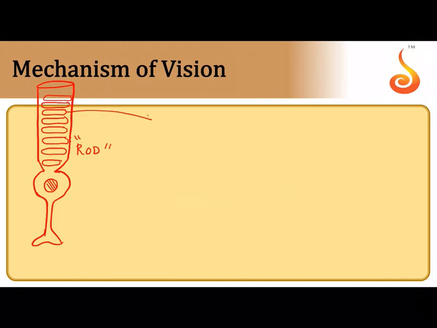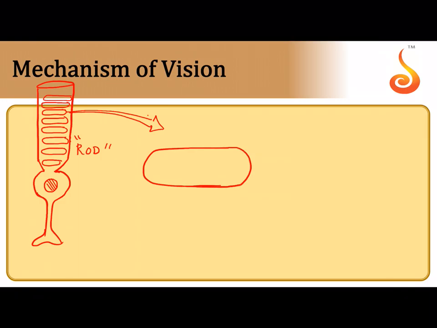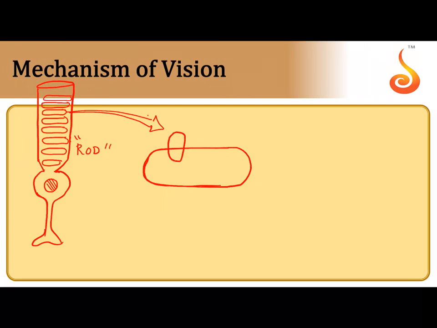Now if you were to magnify this particular membranous disc-like structure, on it you will find a protein complex which is referred to as rhodopsin. This rhodopsin contains a protein and a very important vitamin derivative.